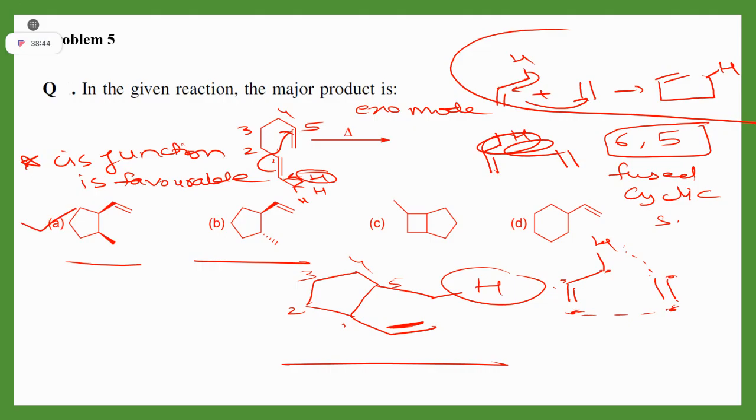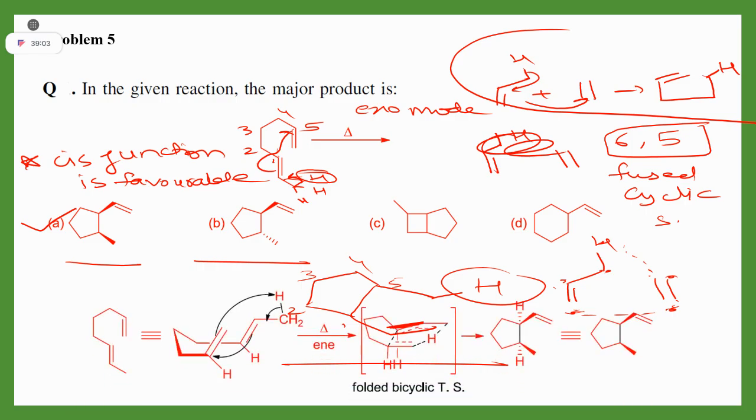You can draw it also. Whenever you are having a fused system, 6 5, 6 6, generally cis junction is more favorable. Not in 6 6, but I will say in 5 5 or 6 5. Yes or no? Good. Here the correct transition state has been shown.